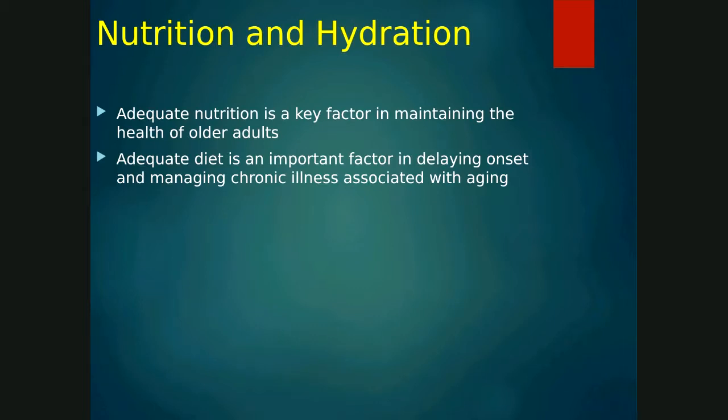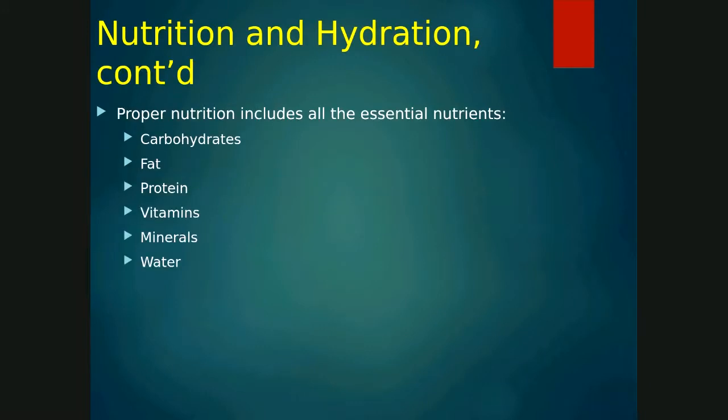But of course, adequate nutrition is a key factor in maintaining health in older adults. An adequate diet is very important, not only for general health and nutrition, but also it helps in delaying the onset and managing chronic illnesses associated with aging. Proper nutrition includes all the essential nutrients, including carbohydrates, fat, protein, vitamins, minerals, and water.